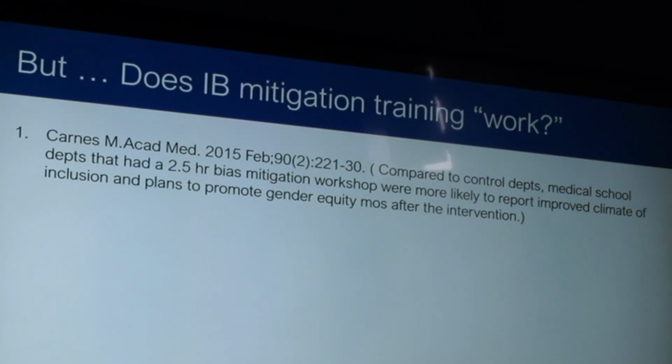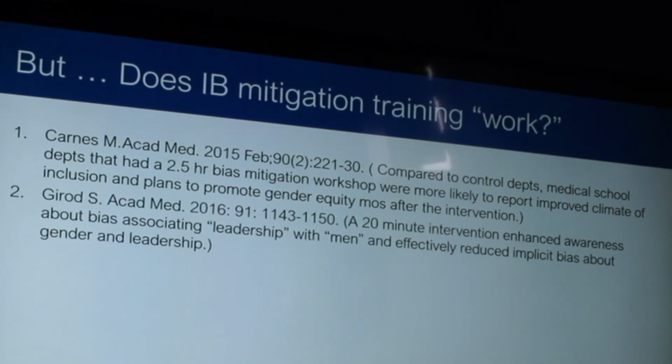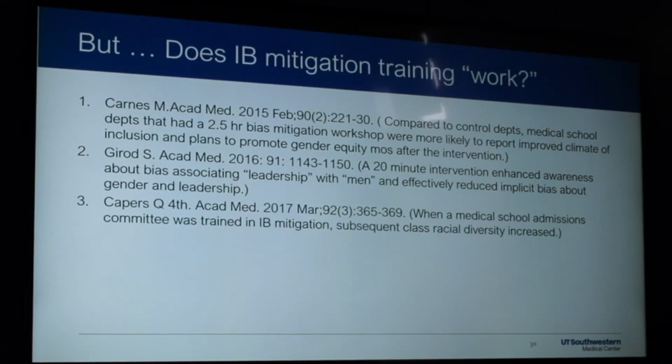There's another study that showed just a 20-minute intervention was successful in some instances of breaking the bias that many have that leadership and men are linked together. That when we think of leaders, we think of men, and we don't think of women as leaders. A 20-minute intervention was able to, in some cases, break that bias.